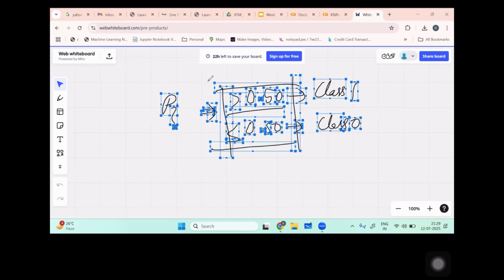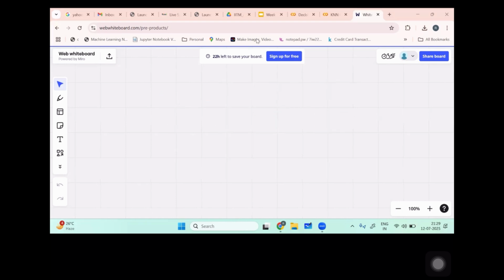For that, you will find that in evaluation, we do something known as the ROC curve, right? ROC, area under curve, the ROC AUC curve.